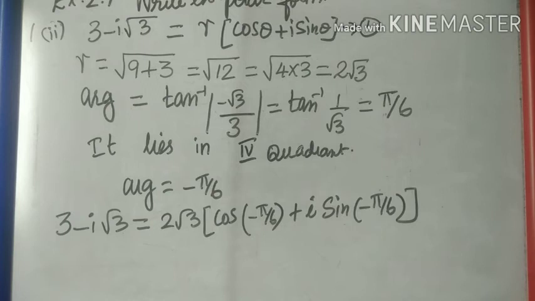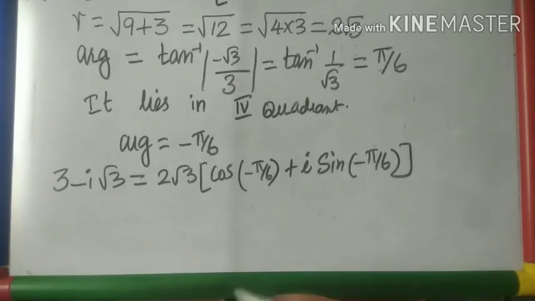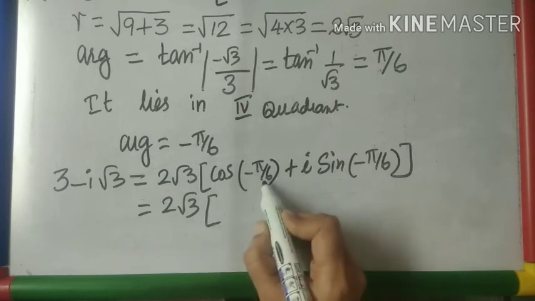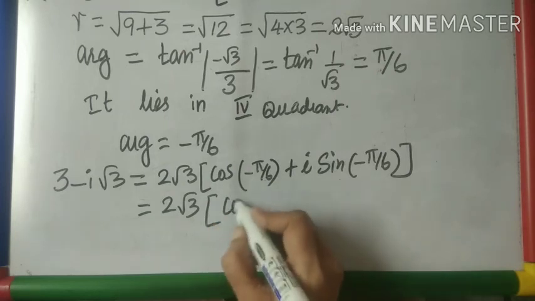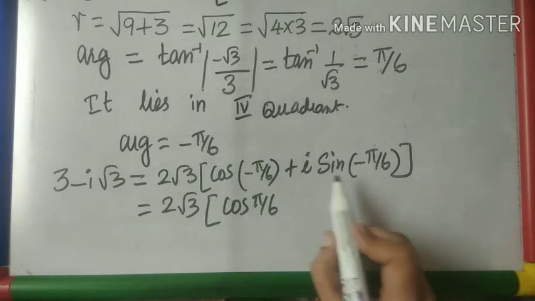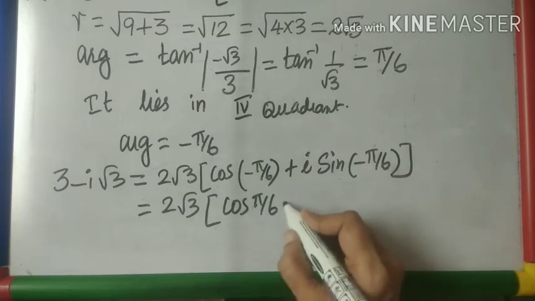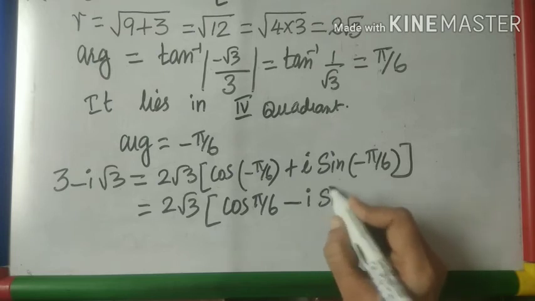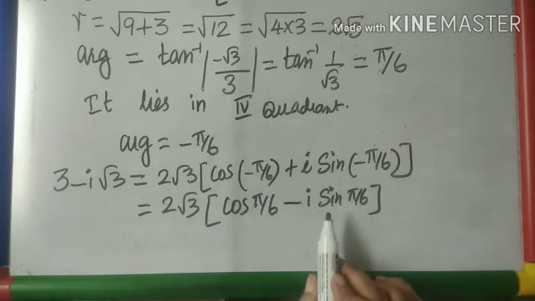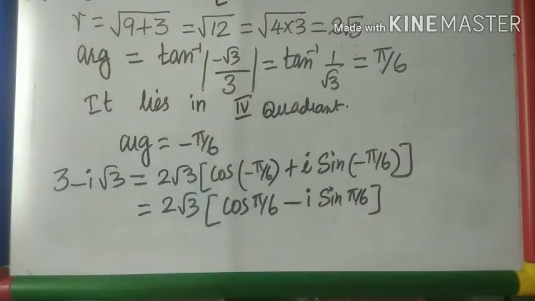You can leave the answer like this, or else 2 root 3, cos of minus theta is cos theta only. So write only cos pi by 6, whereas sine of minus theta will be minus i sine pi by 6. So that is the representation of the given number.